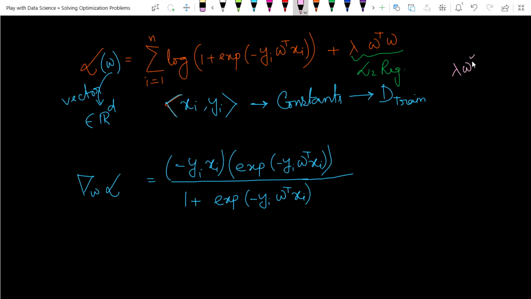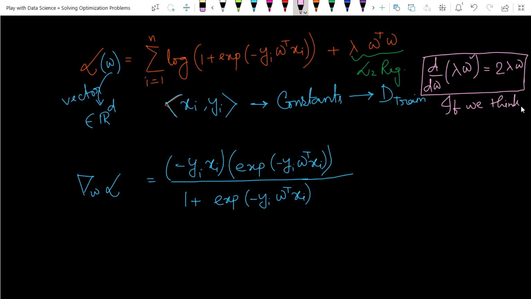Using scalar notation, the answer is 2 lambda w if we think of it scalarly. Now in vector notation, this will be 2 lambda w.